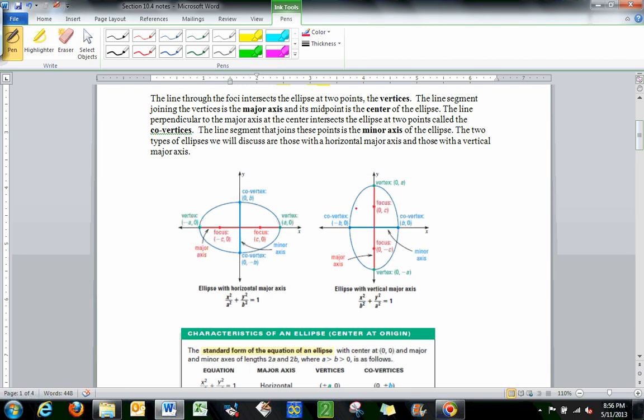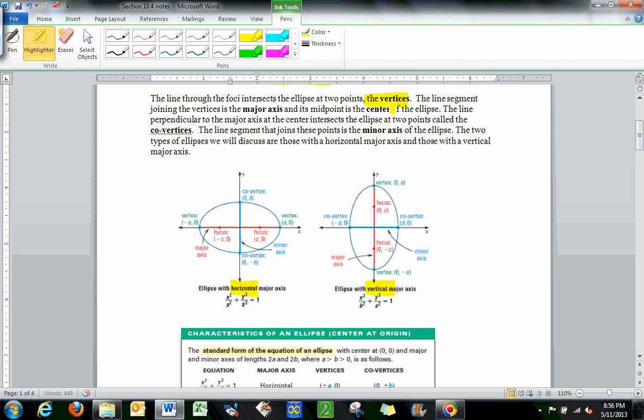And so what we're looking at here is a picture of a horizontal and then also a picture of a vertical version of each of those. Now, if you were to draw a line through your focal points, or your foci, you would be going along what is called the major axis, and that major axis is going to connect what we call the vertices.